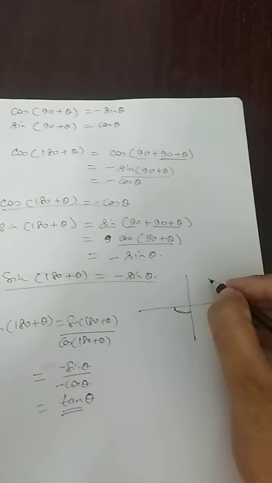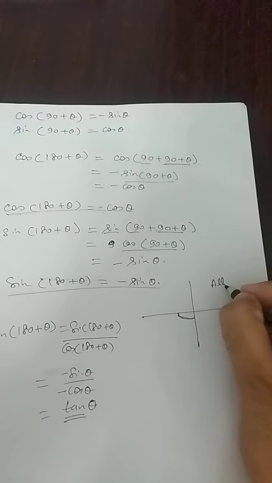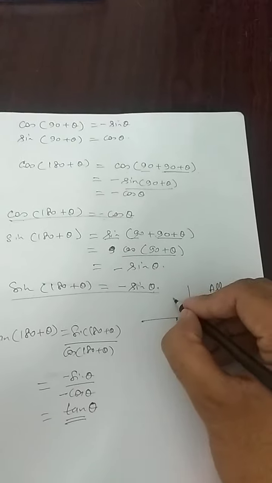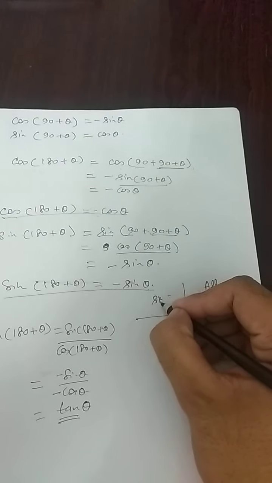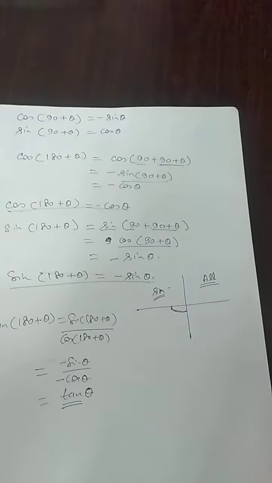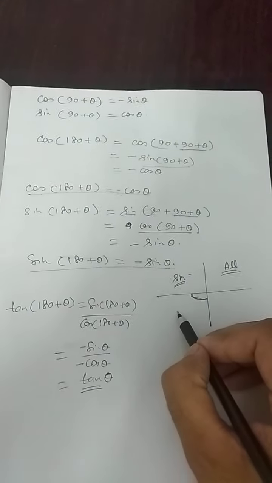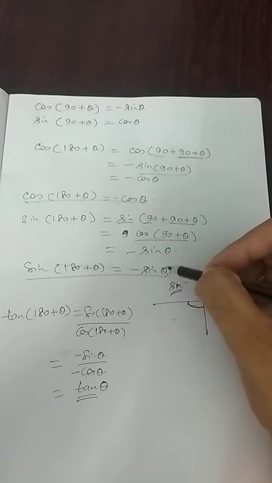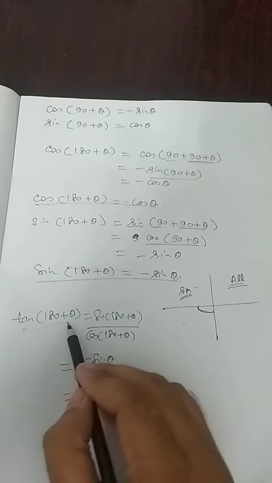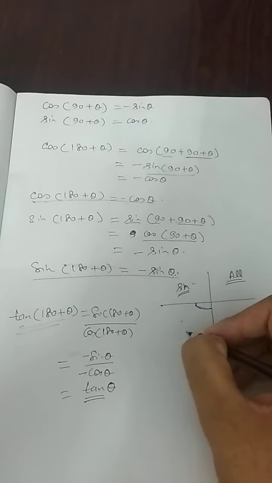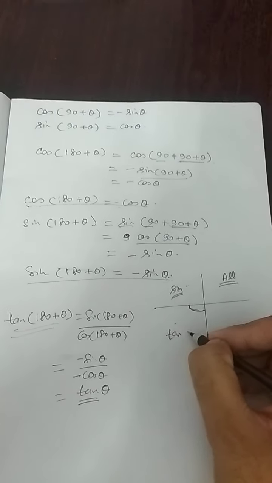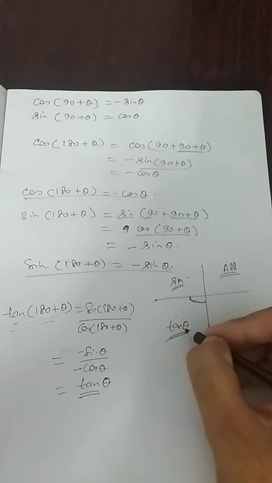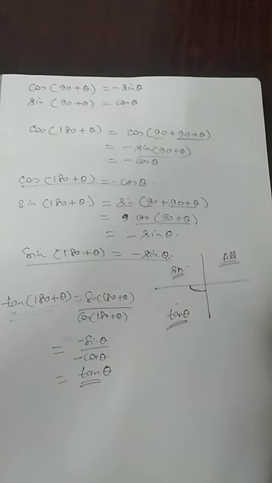So in the first quadrant, we have seen all the trigonometrical ratios produce positive results. In the second quadrant, only sine produced a positive result, but in the third quadrant cos and sine both produce negative results, whereas tan produces a positive result. So the third quadrant is the quadrant of tan, because in the third quadrant tan theta produces a positive result.